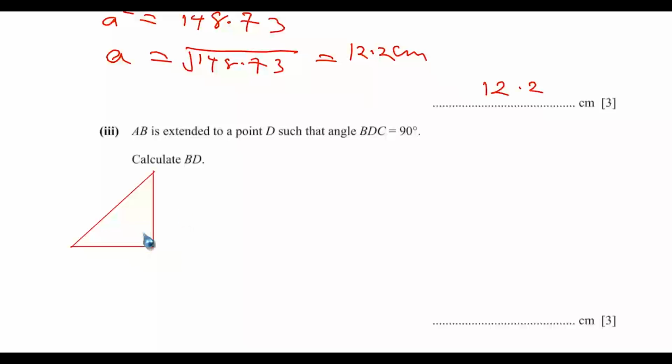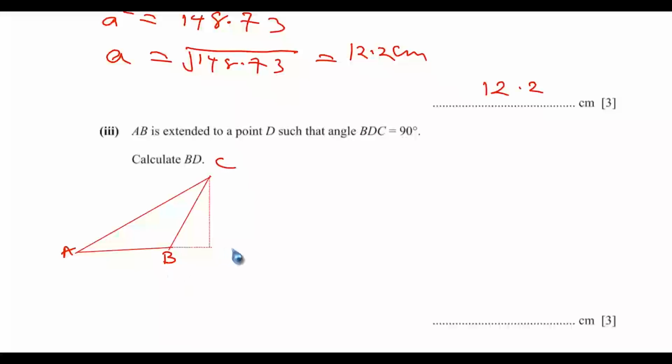We can extend this further, that is from here it goes beyond that. That's the extension to be somewhere around here. Let's redraw this properly. So now we have a better diagram. This is point A, this is point B, this should be point C, and we have point D here.